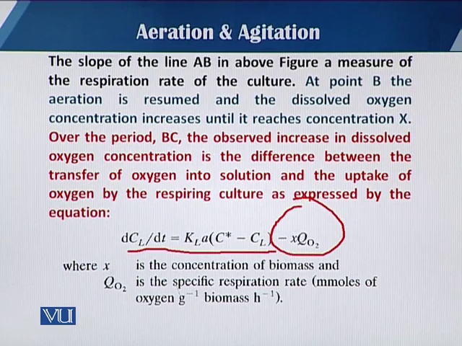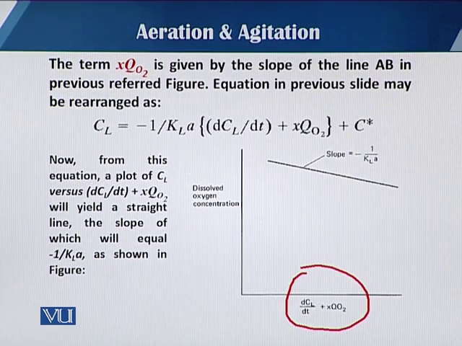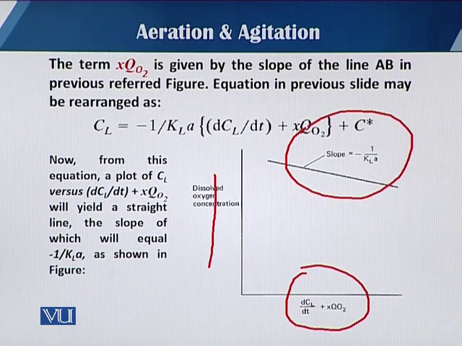So dCL over dt is equal to KLa into C star minus CL, minus QO2 times X. The term is given by the slope of the line. If we draw the graph between the change of oxygen concentration, dCL over dt, plus the utilization term, and CL, then the slope is equal to minus KLa, or one over minus one over KLa.